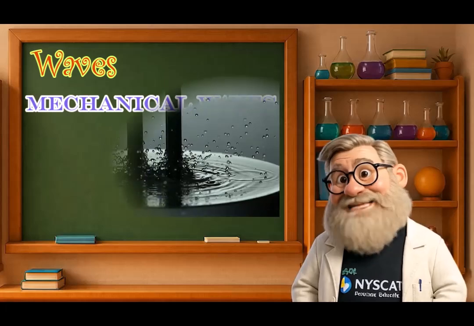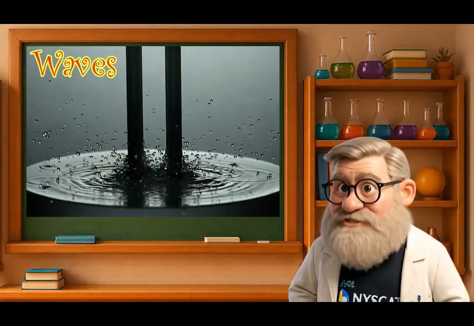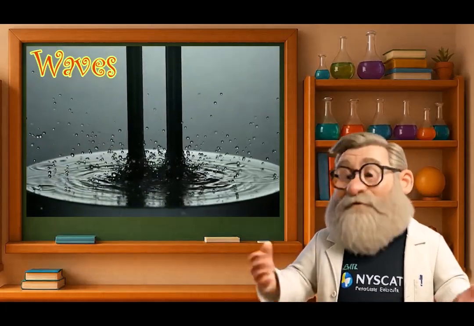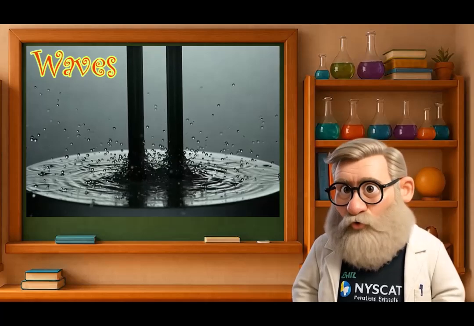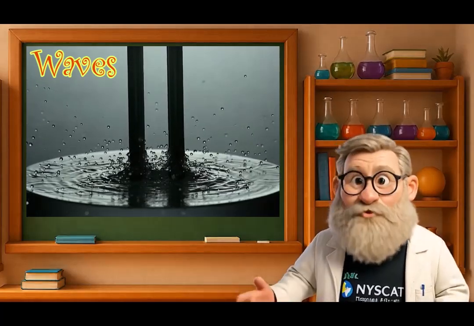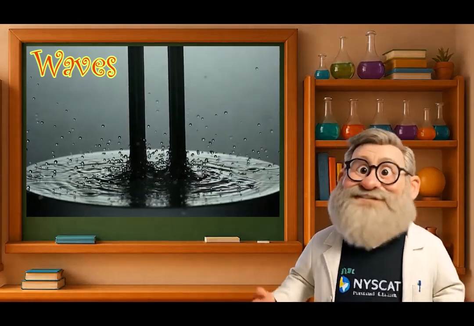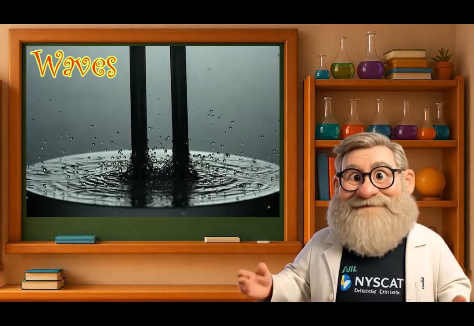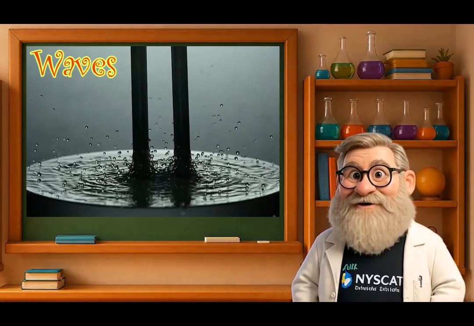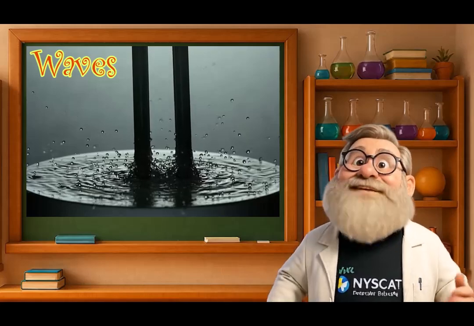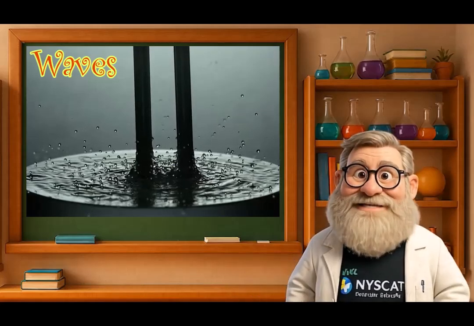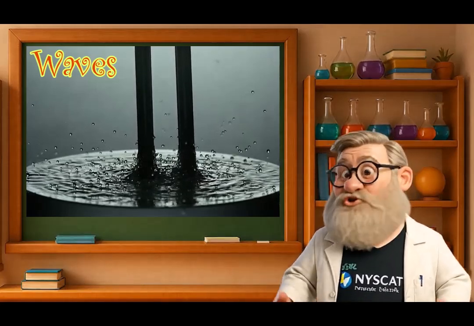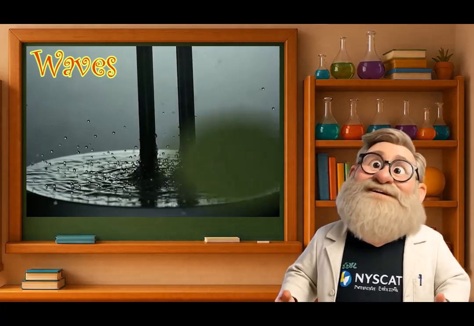The energy is passed along by particles bumping into each other. For example, when someone talks, their vocal cords create vibrations that move air particles, which then carry the sound to your ears. Without air or some other medium, sound couldn't travel. That's why in the vacuum of space, no one can hear you scream.